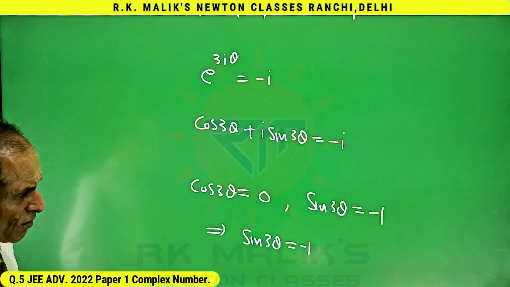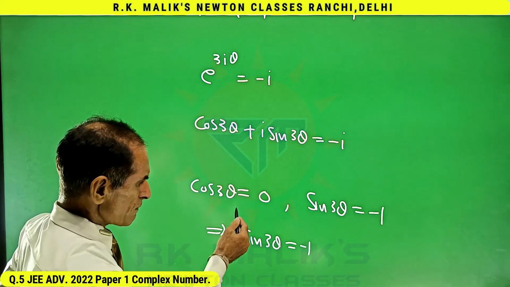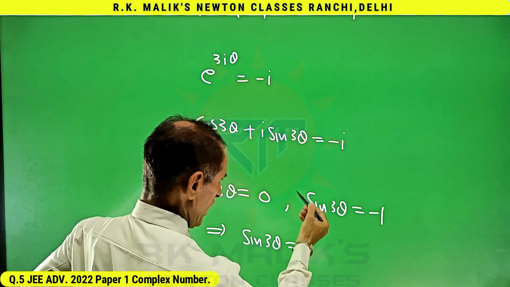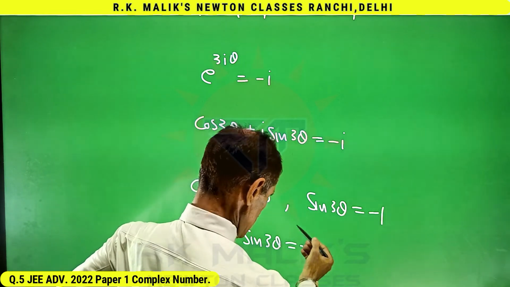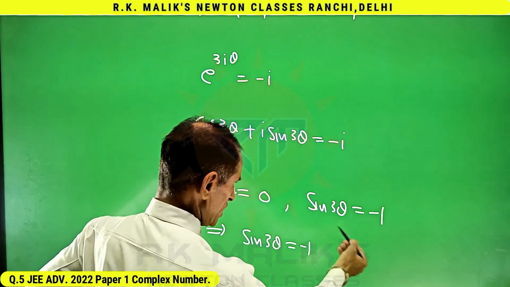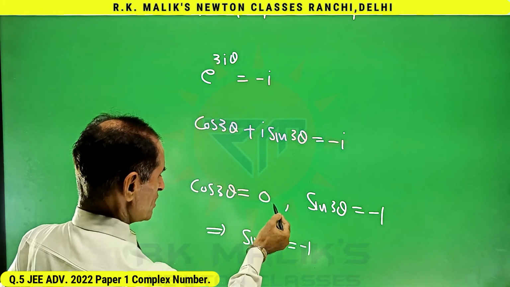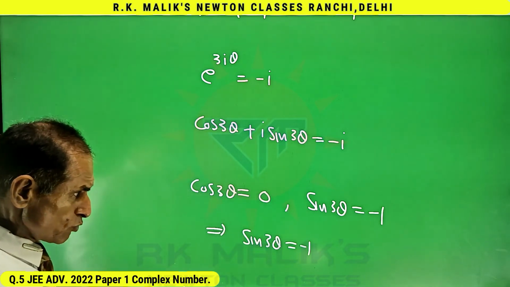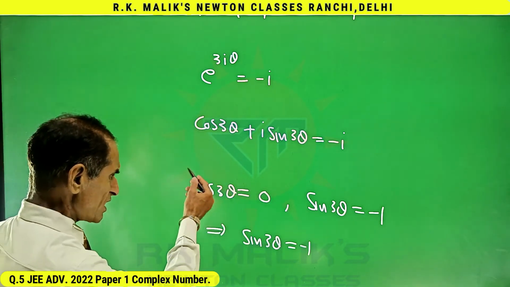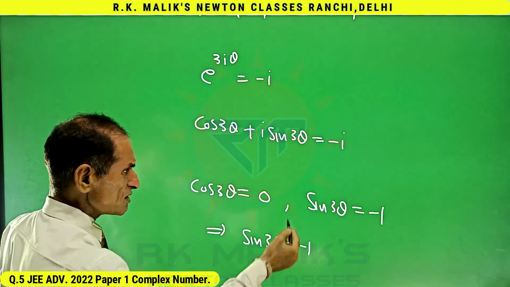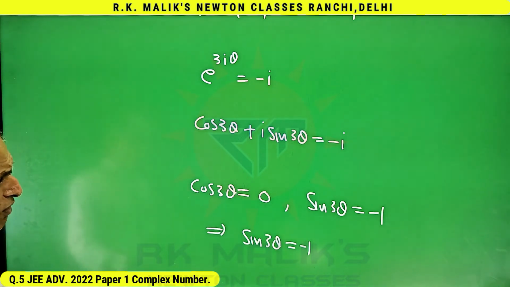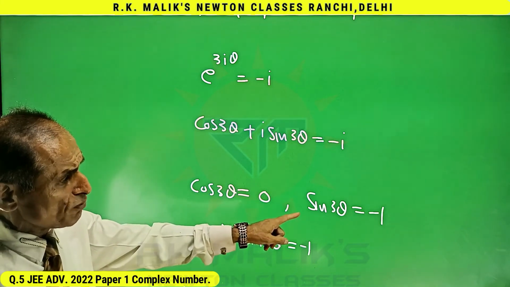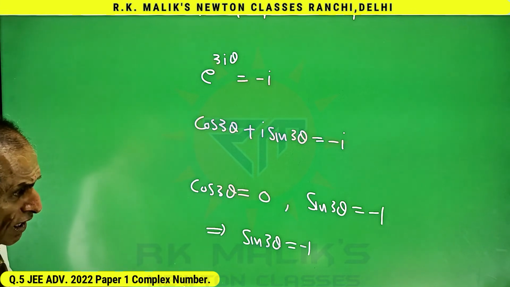But note that after this we can't proceed by taking this and rejecting this. In the present case I have taken this and rejected this because once this is true, this is automatically true. But if I take this and reject this, this will be wrong, because if cos theta is 0, in that case sin theta can be 1 also and minus 1 also.